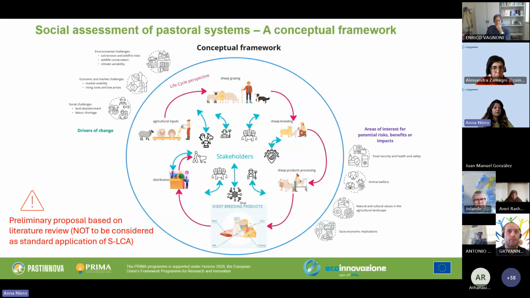So these are basically the forces which are pushing the system towards a change, or at least the forces that suggest to us that probably we need to change something within the system. On the other side, we identified some areas of interest for potential risks, benefits, or impacts, meaning how the changes in the system can be translated into effects on stakeholders and society as a whole.